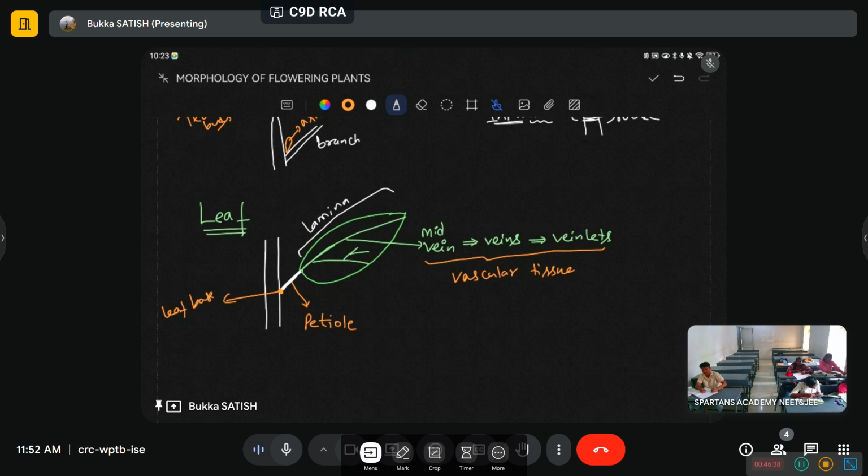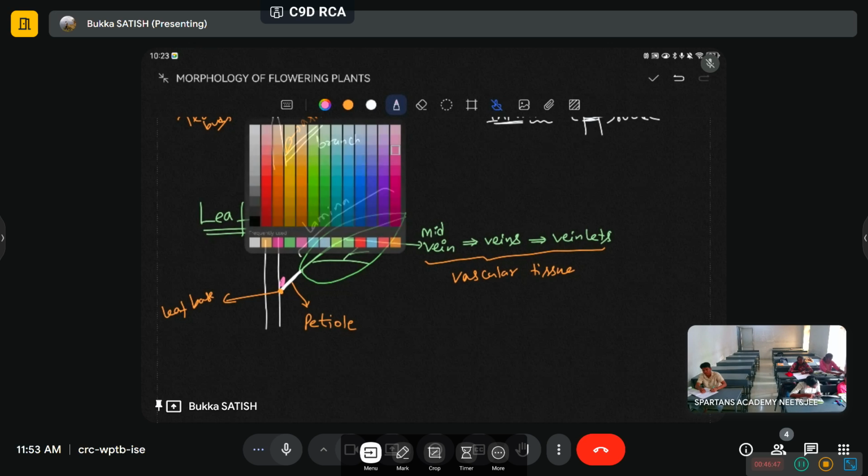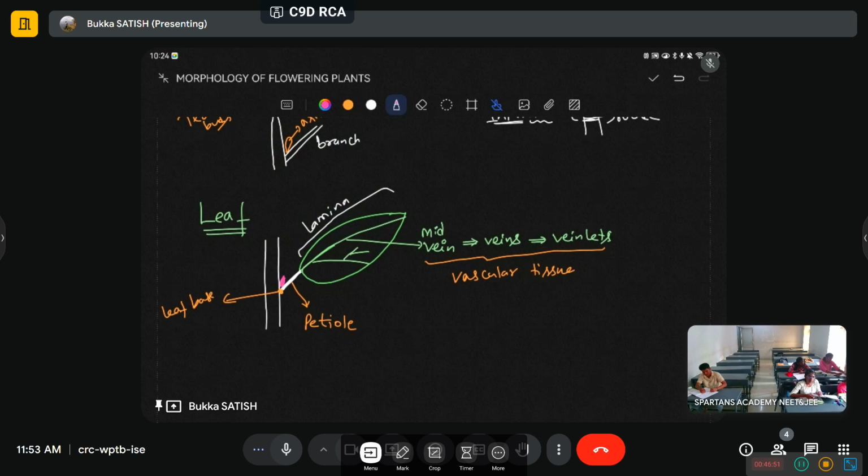Right. Next, in the axil of the leaf, there can be an axillary bud.